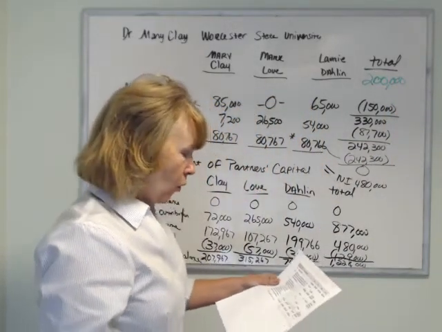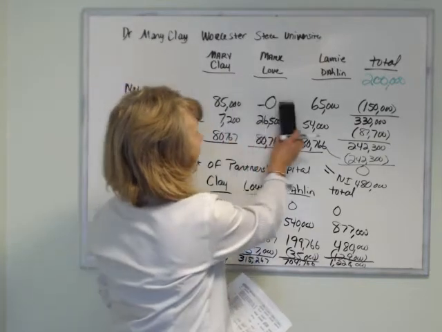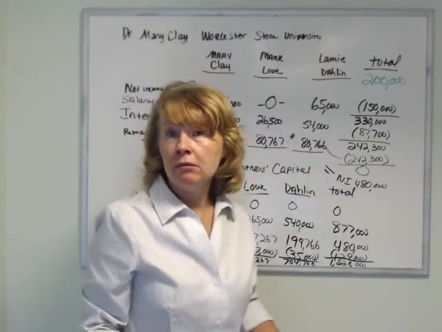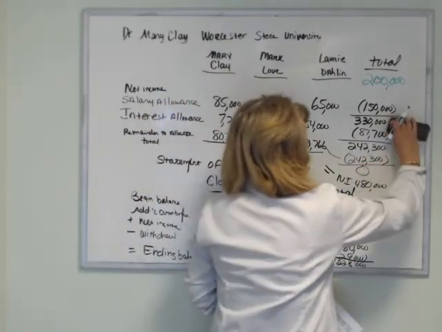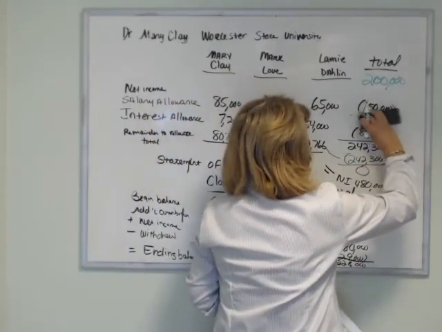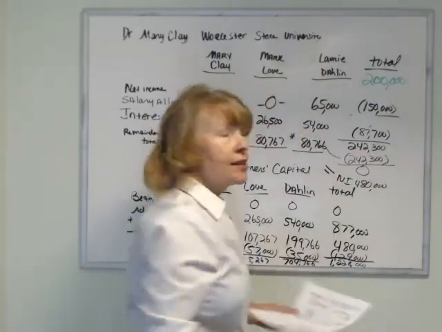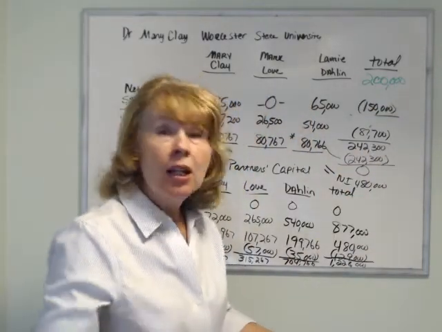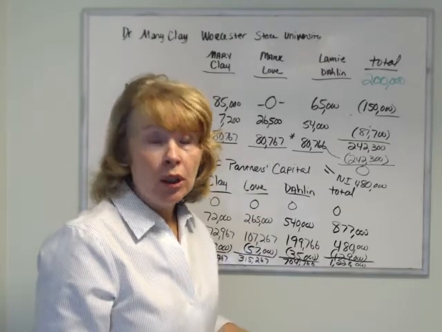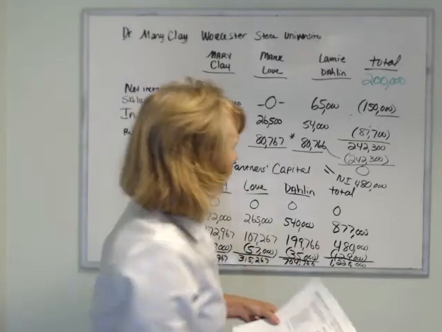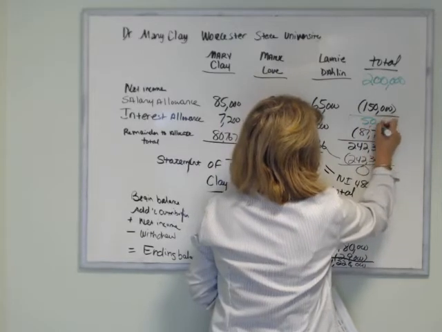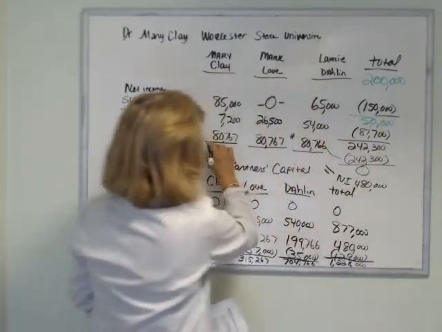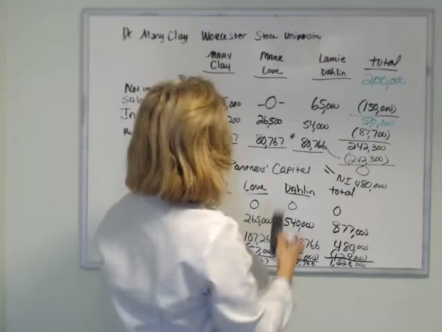So going across, this still stays the same, 150. Even though you've almost allocated it, I'm going to change that 330 because these all stay the same. You still have to figure it out. You will have a negative number. So 50,000. The amount to allocate is going to change though.